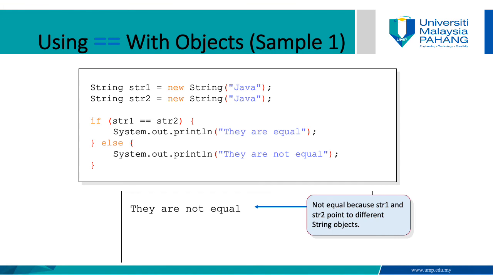So str1 equal to str2 must be true, meaning that the content of these two strings are the same. That means they are pointing to the same object because the content of a reference data type is an address. All right?